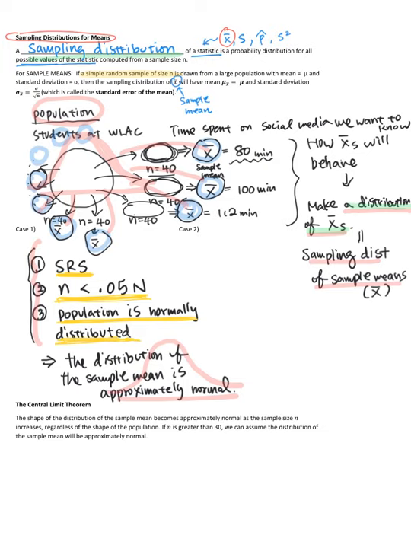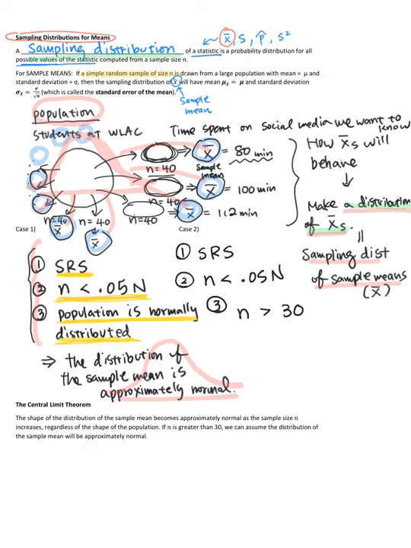Now, case 2 is actually more realistic because we usually don't know if the population is normally distributed or not, because we don't know much about the population. Case 2 says requirements 1 and 2 are the same: your sample is a simple random sample, and your sample is independent, so n is less than 0.05 times the population size. And requirement 3 says your sample size is greater than 30.